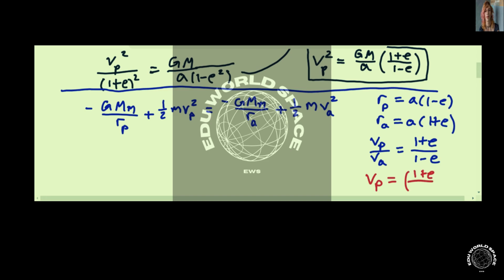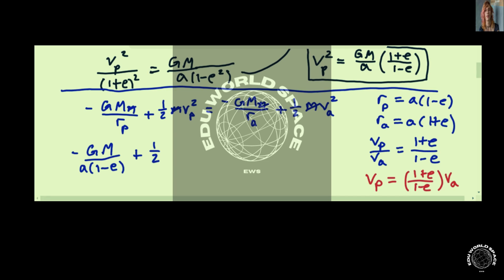So 1 plus E over 1 minus E, that stays the same, times VA. I'm going to substitute that in place of VP. So my next step will look like this. Negative G. Oh yeah, again, we can cancel out all of the M's since every term has a lowercase m. So G capital M over RP is A times 1 minus E plus 1/2.